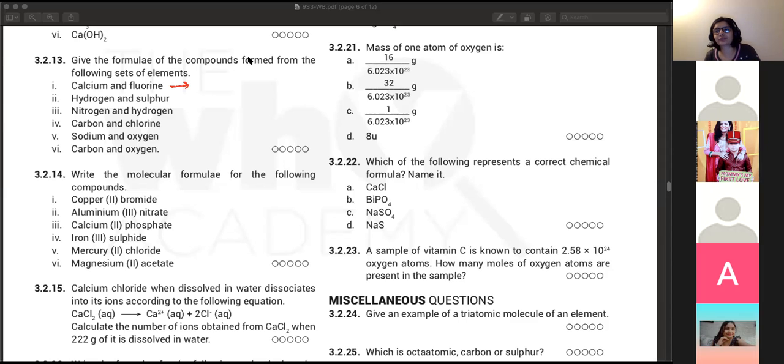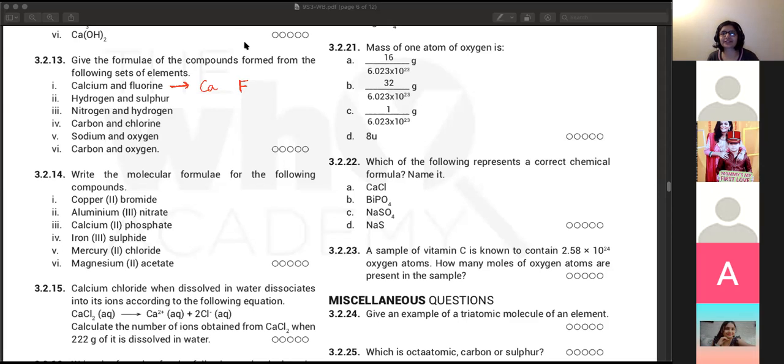Whose turn is it now? Vasudha, yes. Vasudha has already given the answer in the chat. Nice. Alright, so the symbol of calcium is Ca, and the symbol of fluorine is F. So what is the valency of calcium? Yes, Vasudha, the name is also correct.